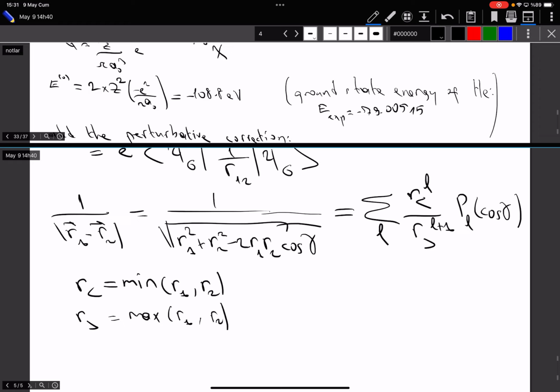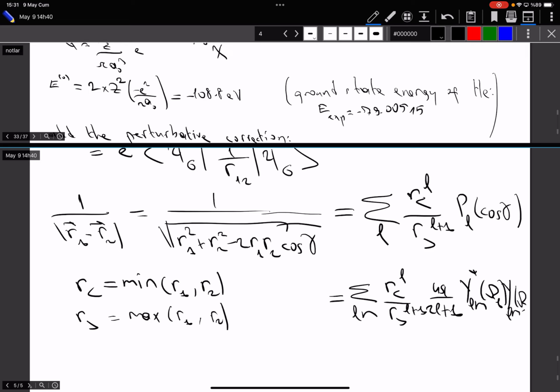And you can in fact go one step further. This is equal to the sum over L, m of R small to the L over R large to the L plus 1, times 4 pi over 2L plus 1, Y_Lm star of omega 1, Y_Lm of omega 2. This is the expansion you use to show that any potential has a multipole expansion.